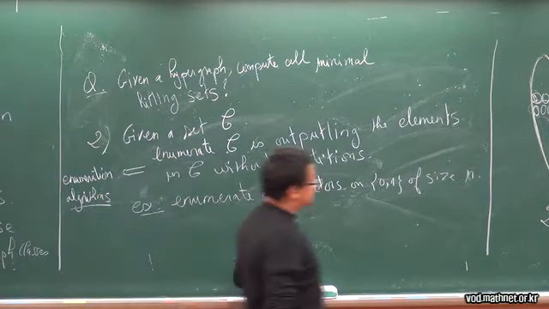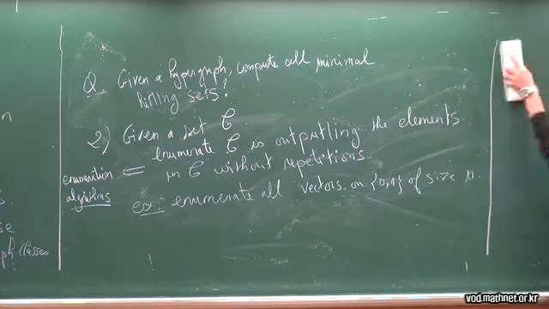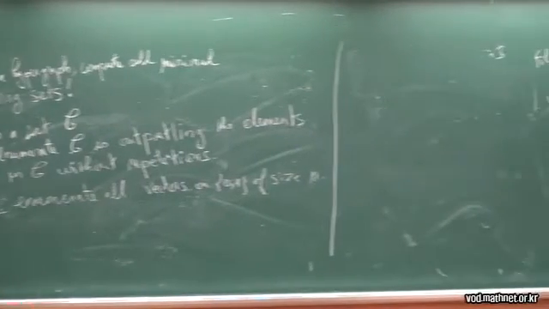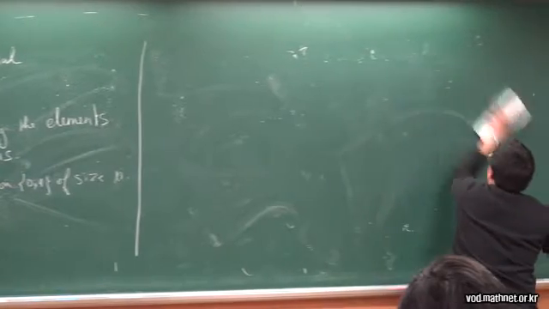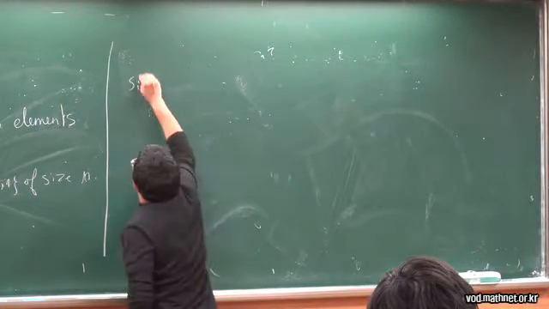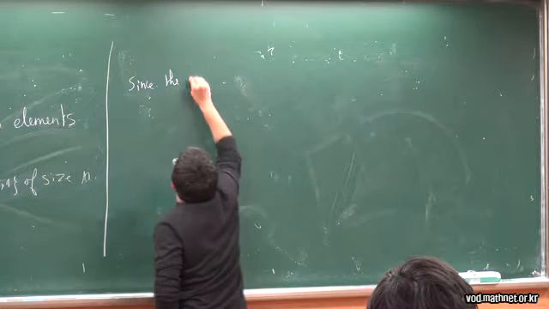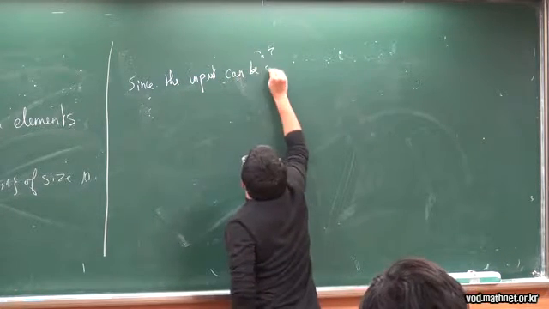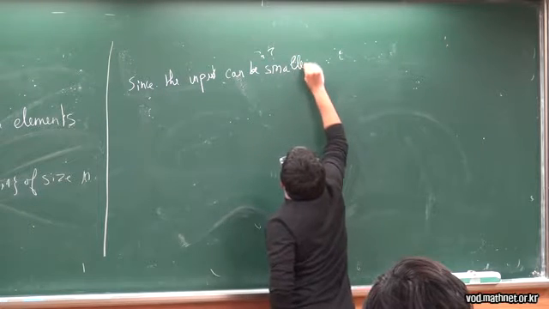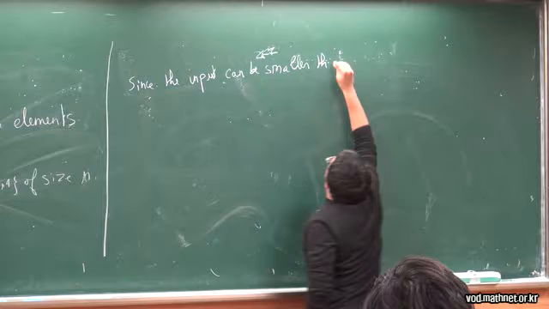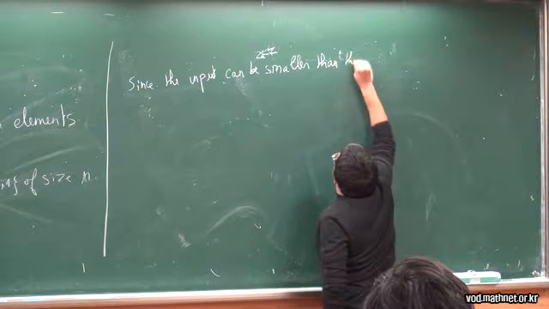So now the complexity, given that the input can be much smaller, can be too small than the output.